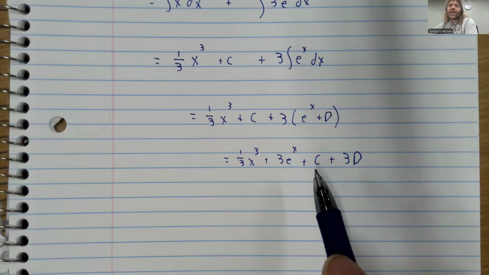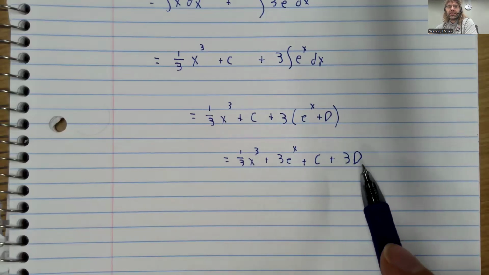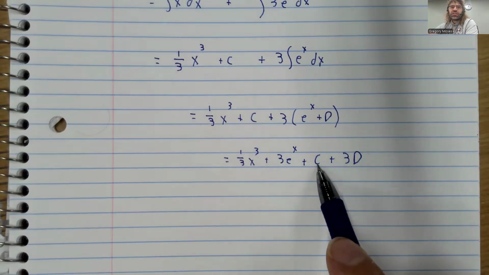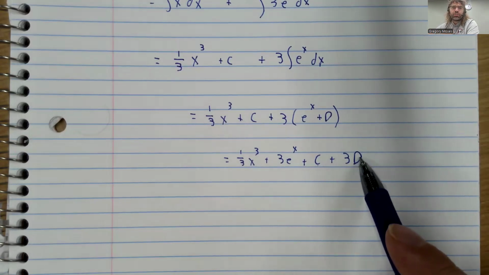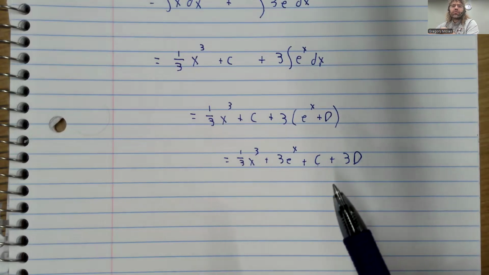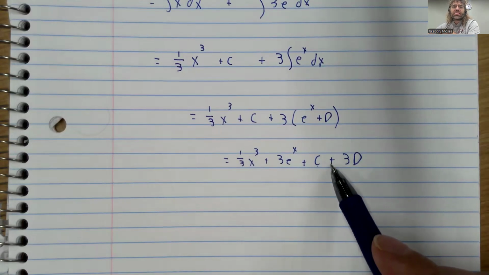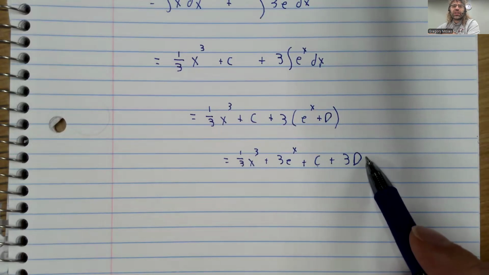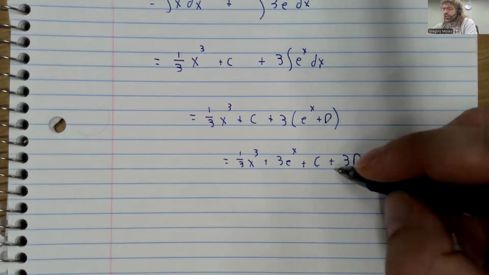We don't write things like c plus 3d here, because c is just a completely arbitrary number, and d is just a completely arbitrary number. And if we take a completely arbitrary number plus 3 times a completely arbitrary number, we get a completely arbitrary number.